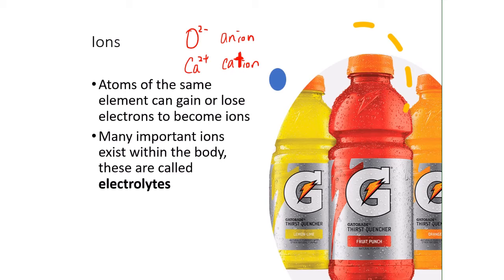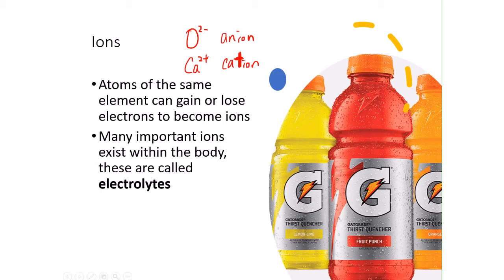What you do need to know is that ions are charged elements or particles, and for the biological system, there are many important ions that exist within bodily fluids. We typically call them electrolytes, right? So on a hot summer day, if you are running outside and you want to replenish your fluid, you would drink something like sports drinks, like Gatorade.